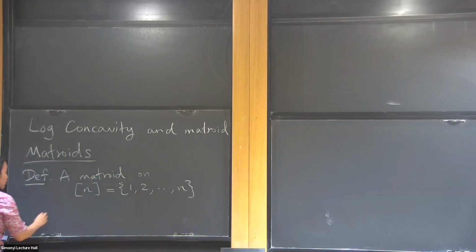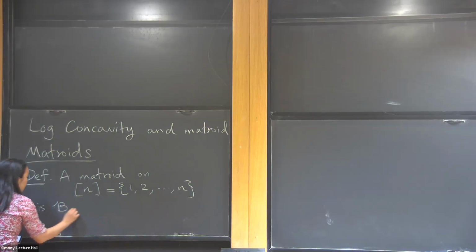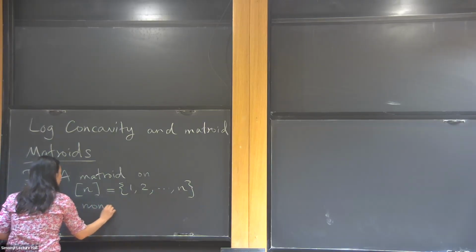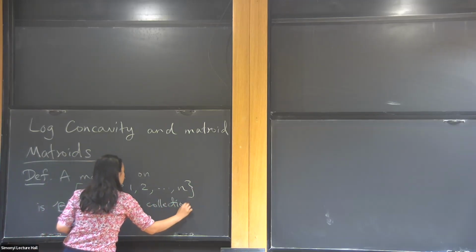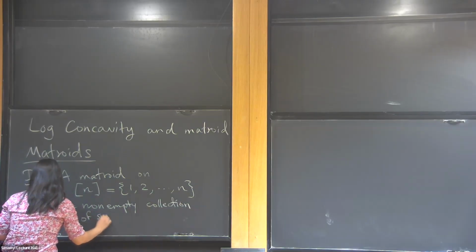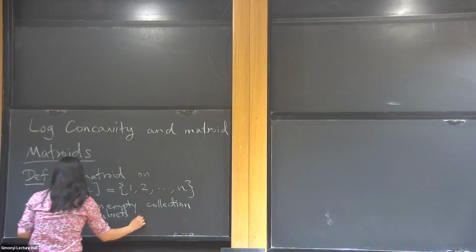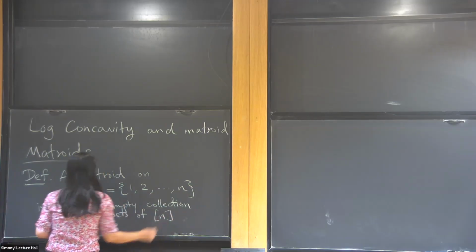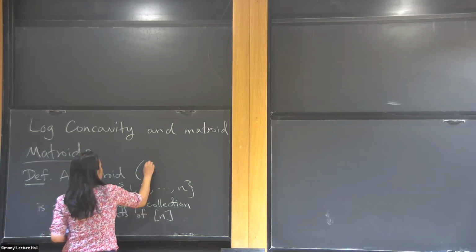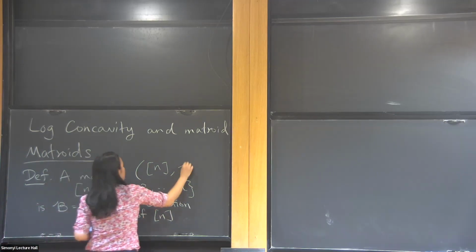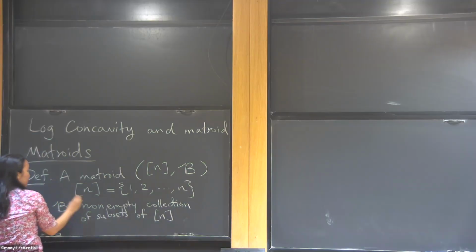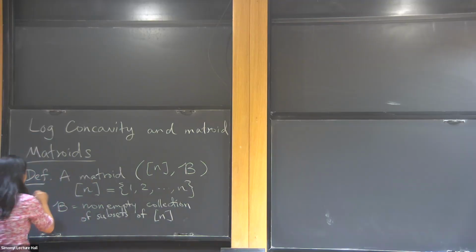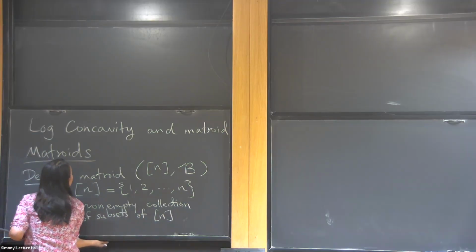Together with B, a non-empty collection of subsets of [n]. So a matroid is a tuple of the ground set together with a collection B, and it consists of this data satisfying the following.